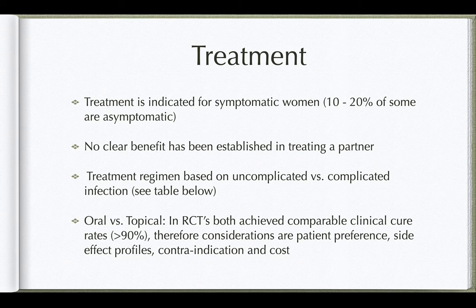Is it easier for them to use an oral agent versus a topical agent? The side effect profiles, which in both application methods have been shown to be minimal, contraindications, and the cost of the prescribed treatment.